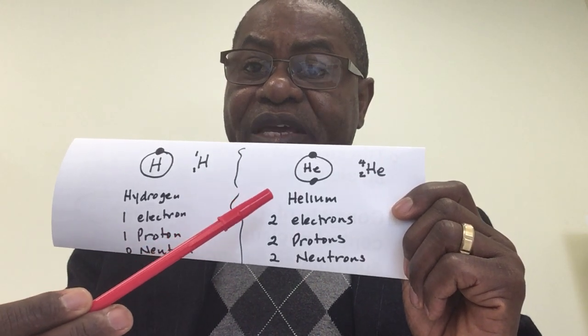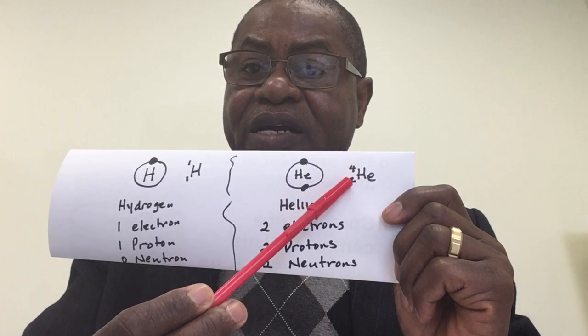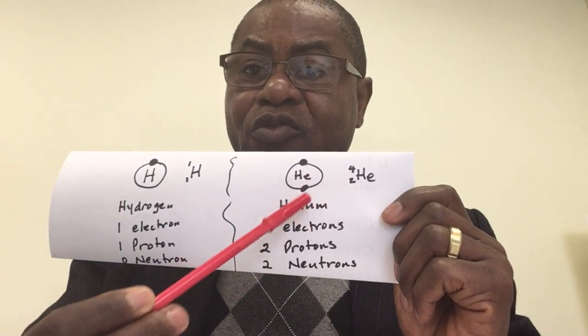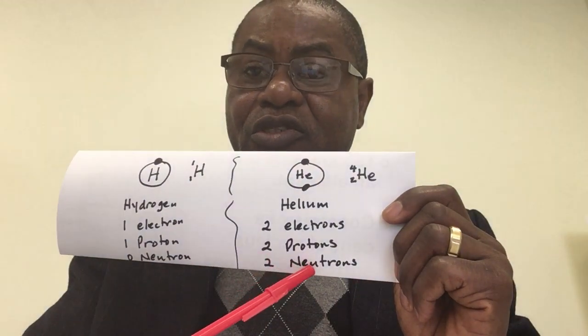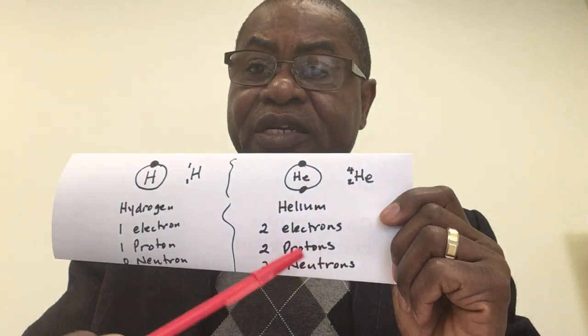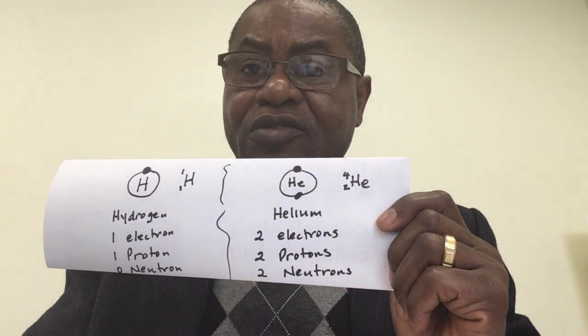But when you come here for helium, the atomic mass is 4 and the atomic number is 2. So if you subtract 2 from 4, you're going to get 2 neutrons for helium, and then you have 2 protons and 2 electrons.